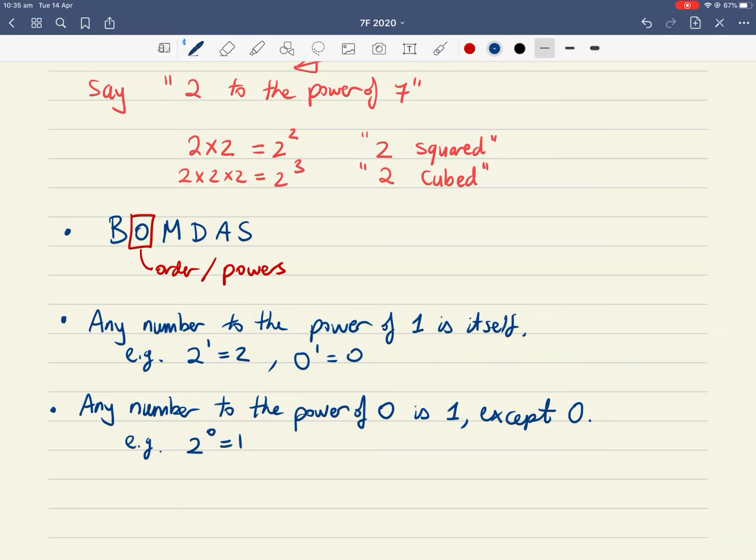For now, just accept this magical pattern. When you get to year 9, year 10, when you do more index power notation, you'll be able to understand why anything to the power of 0 is 1, except 0. 5 to the power of 0 is 1, and 0 to the power of 0 is what we call undefined, because you don't have a mathematical answer for that.